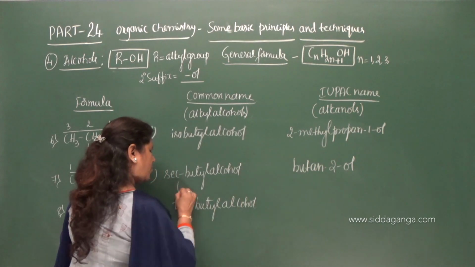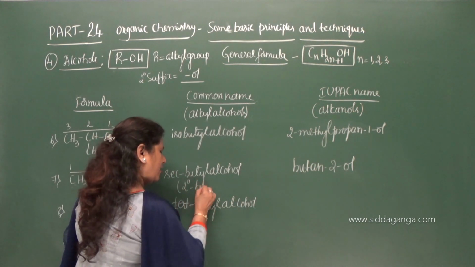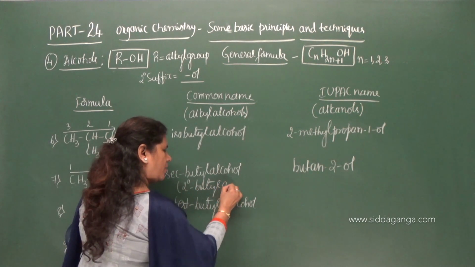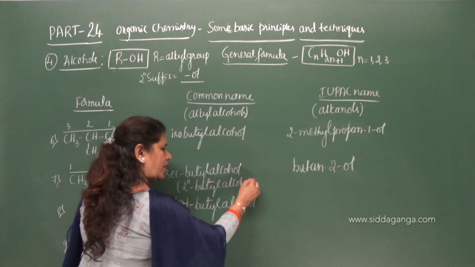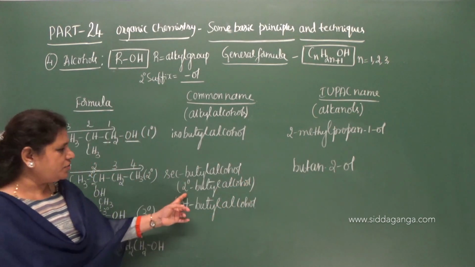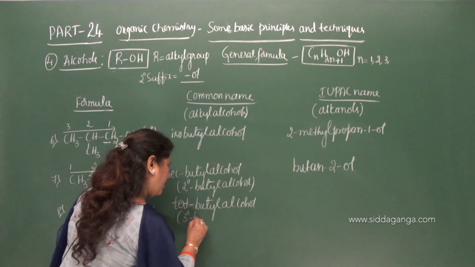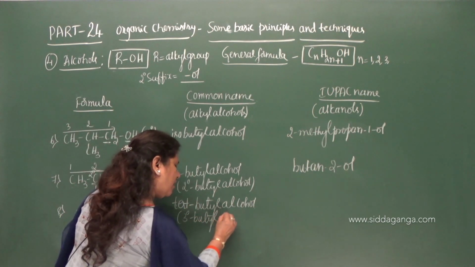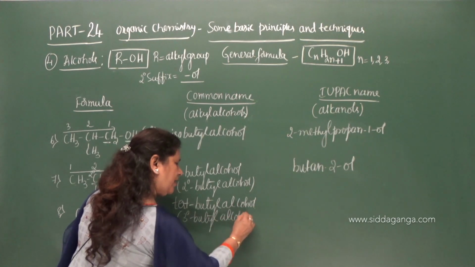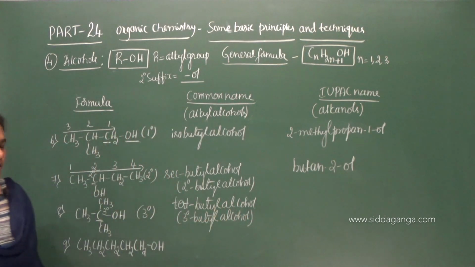You can also write it as secondary butyl alcohol, or name it as 2 degree. Similarly, you can write this as 3 degree butyl alcohol. Now, what about the IUPAC name?